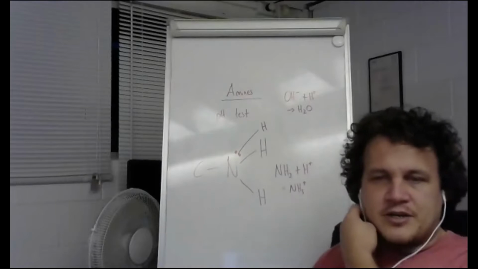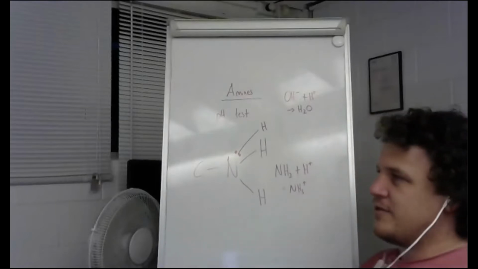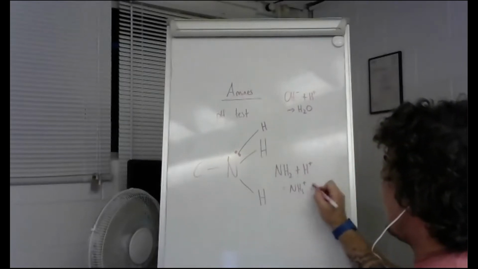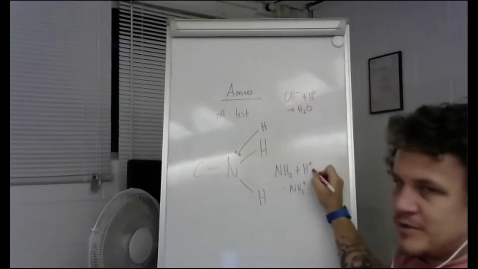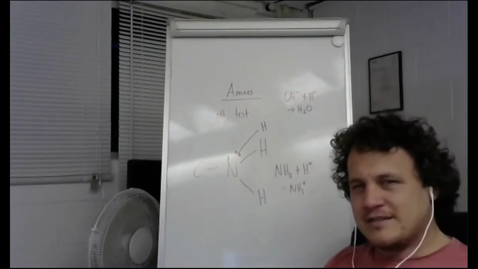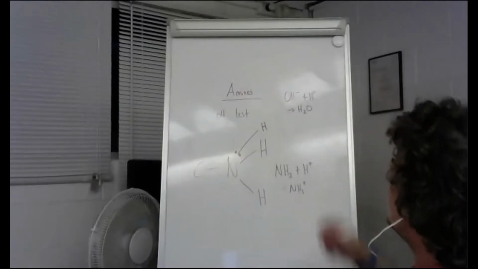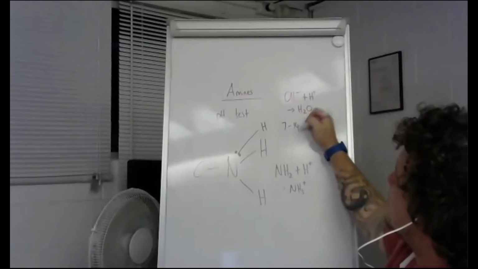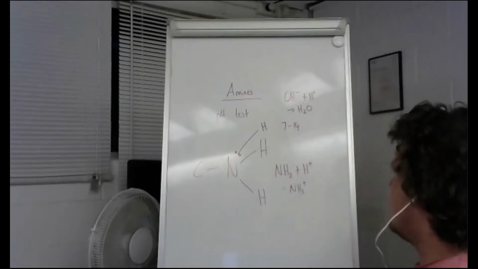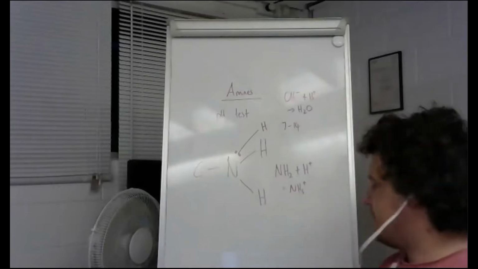So although it's not OH minus, like you learned about in term 1 and in grade 11 and probably grade 10, 9, 8, in organic chemistry, it's anything that can accept a H+. If you've got an unknown organic compound, you test its pH and it's basic or 7 to 14, you know that you've got an amine.